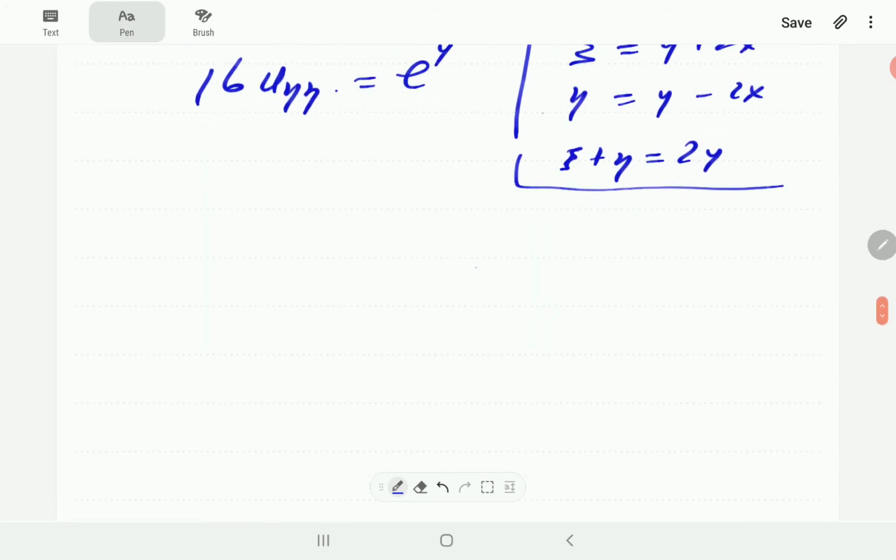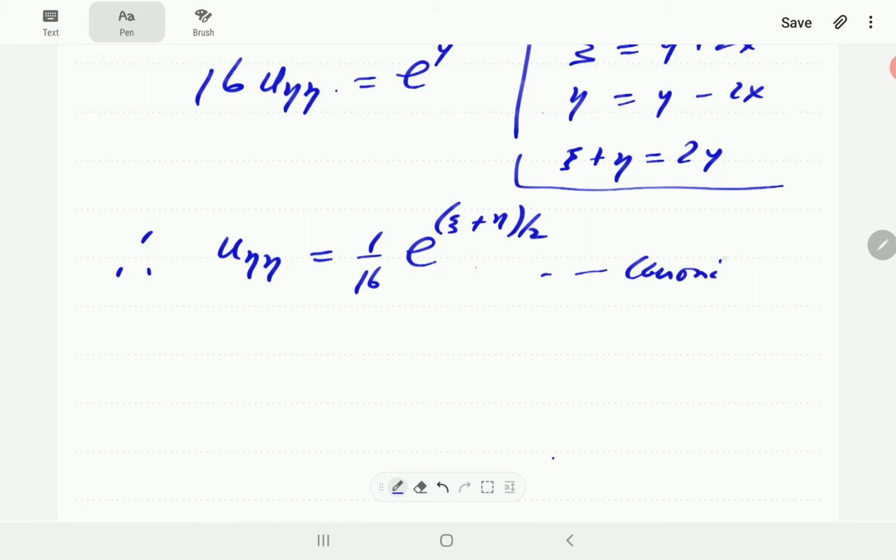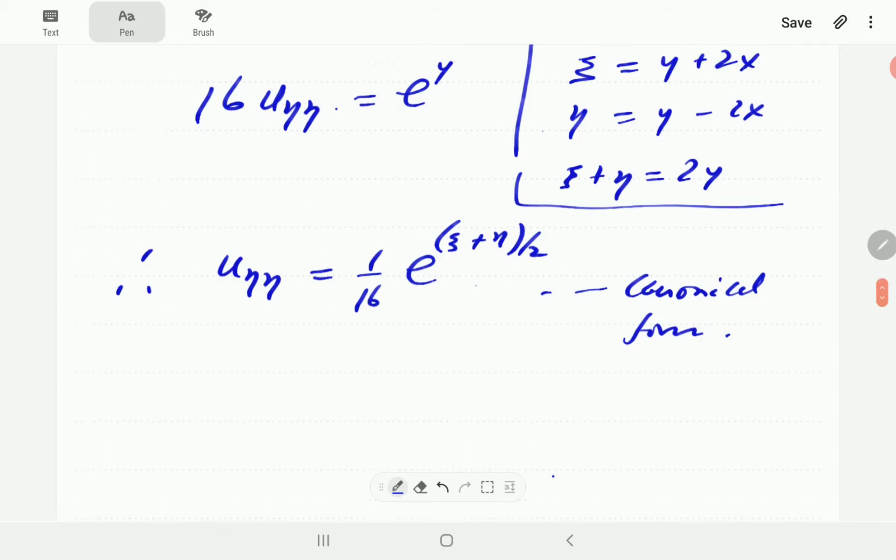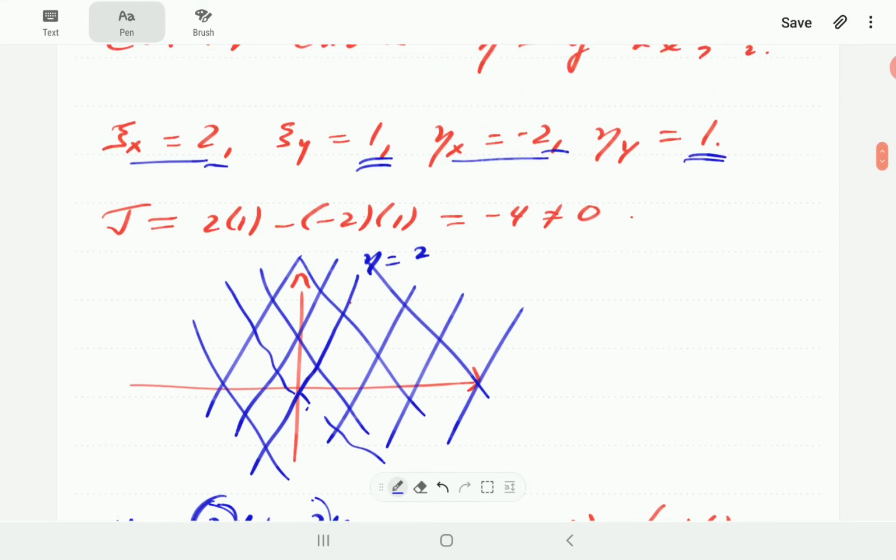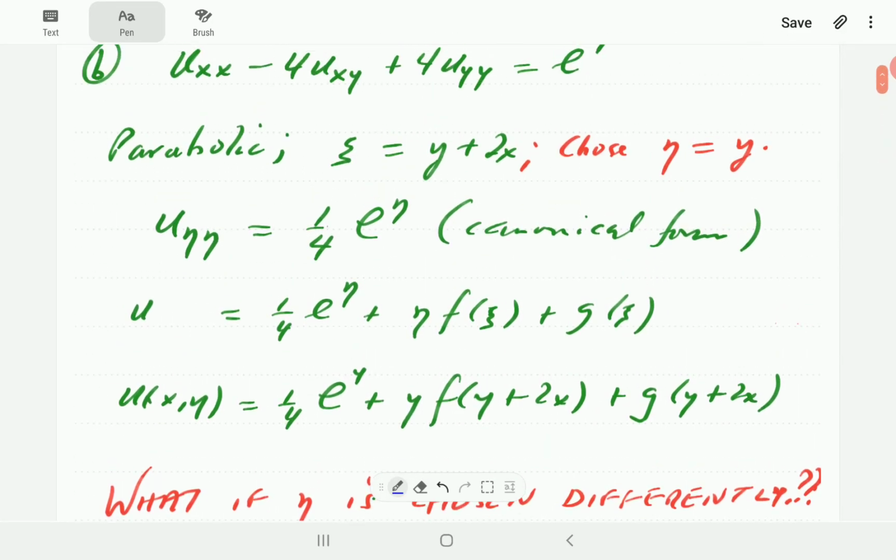So our canonical form is going to be u_xieta equal 1 over 16 e to the power xi plus eta all over 2. So this is our canonical form this time, which is to be compared with this one that we got before.